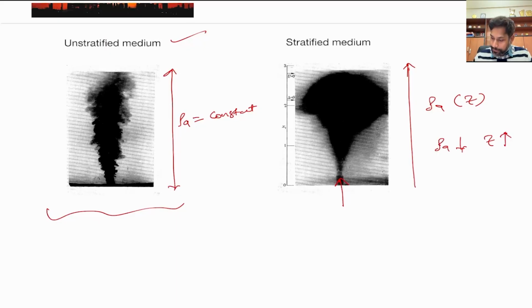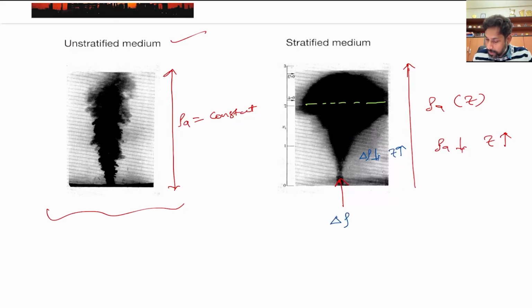Okay, and that is why for the plume that is coming into the system with some delta rho, the delta rho decreases as z increases, and there will be a point, somewhere here, where delta rho will become almost equal to 0, because that is the case when rho p is almost equal to rho ambient. Okay, and when it happens, your plume, instead of going up, actually starts going sideward. Okay, it flows sideward because it loses all its buoyancy to be able to flow upward, and it can only move sideward.